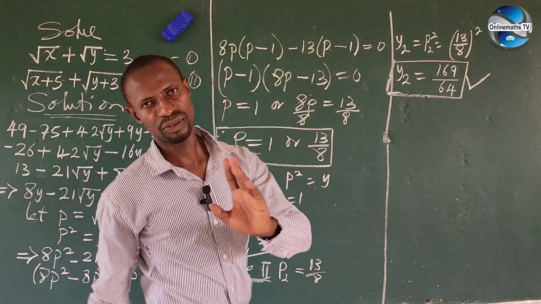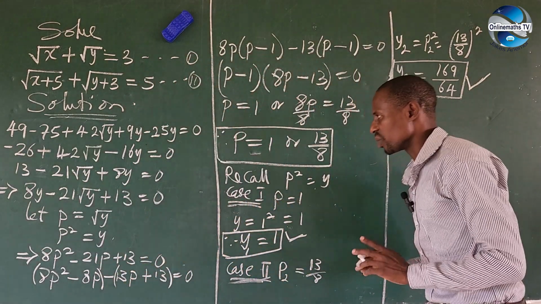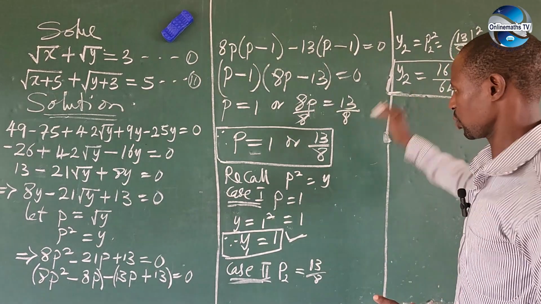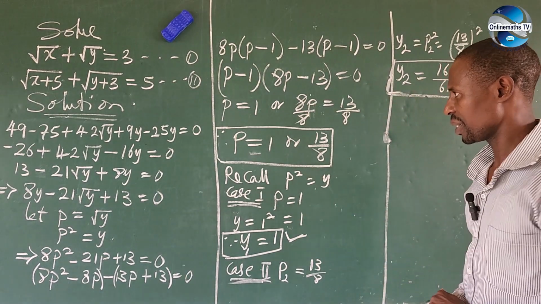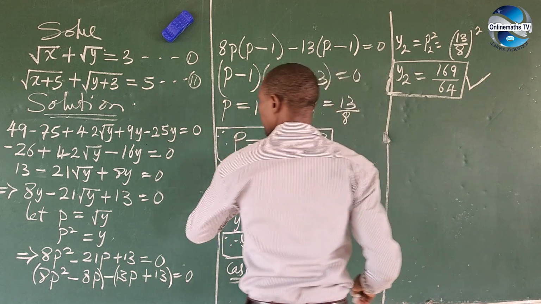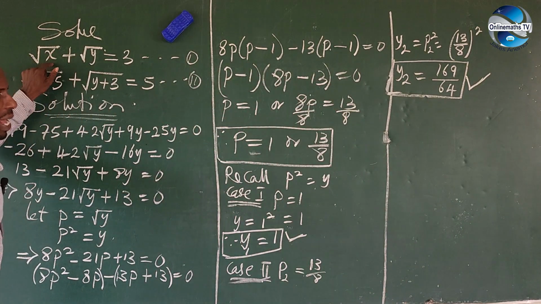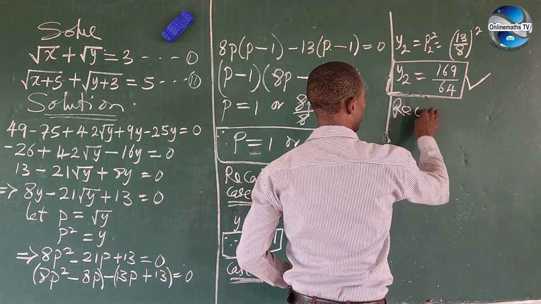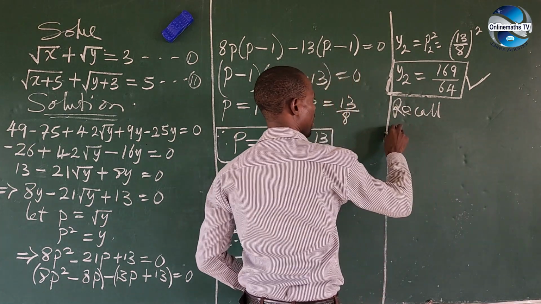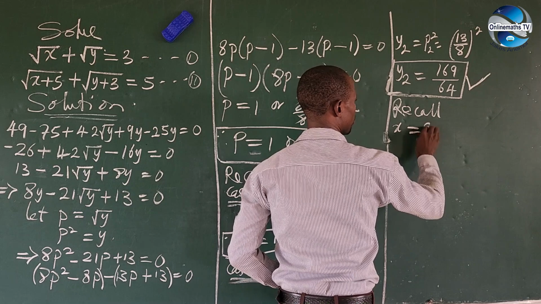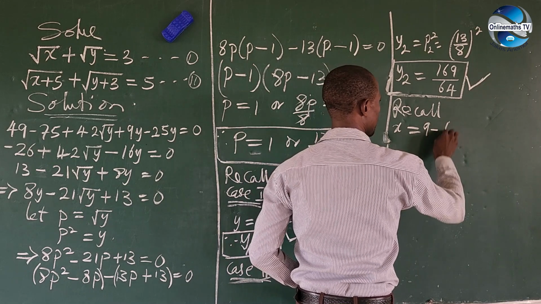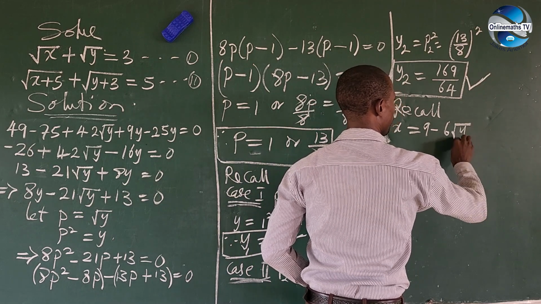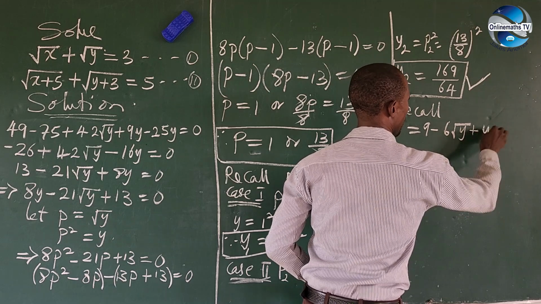So let's go ahead and solve for our x1 and x2 that will correspond to y1 and y2. Now recall, when we made x the subject of the formula, we have something like this. We have x is equal to 9 minus 6 into the square root of y plus y.